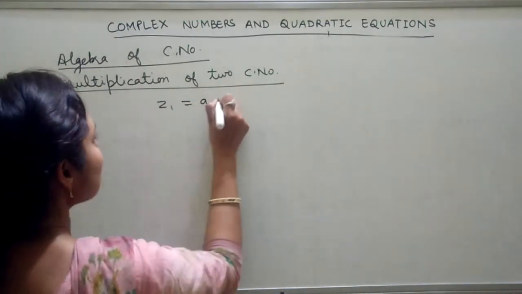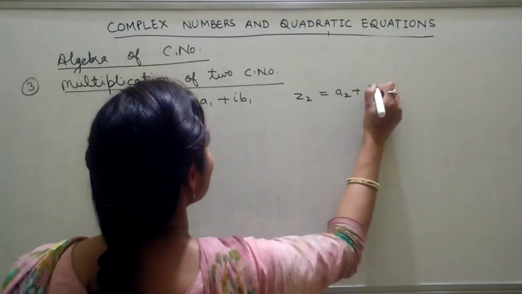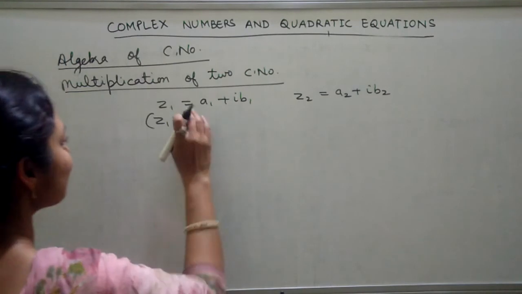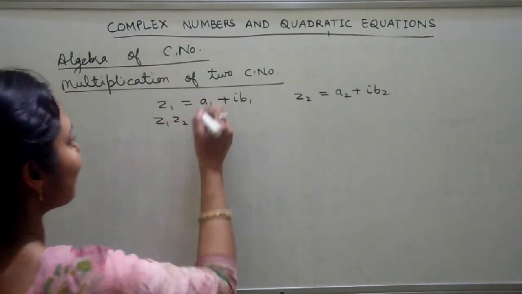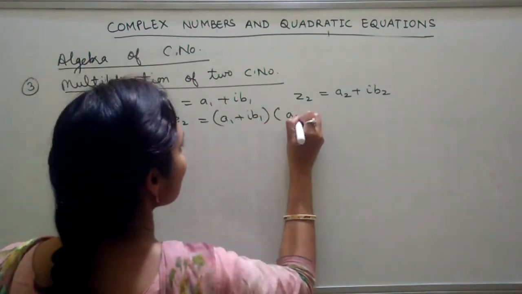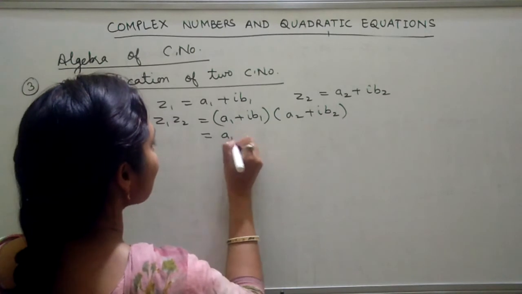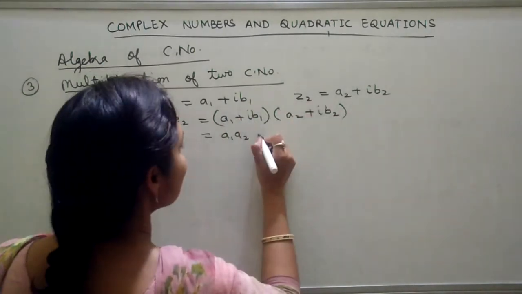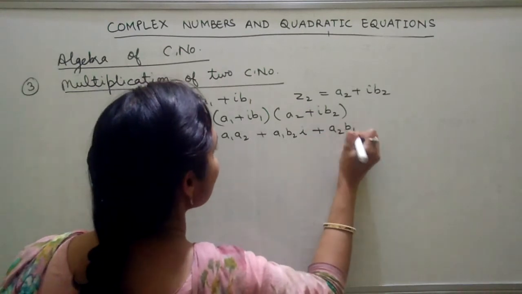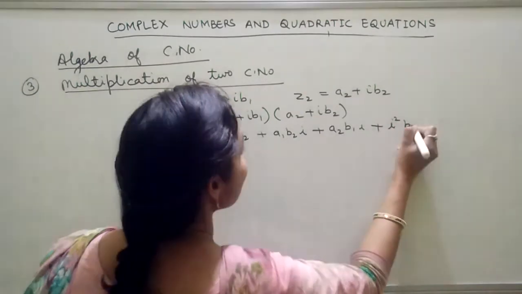Z1 is a1 plus iota b1, z2 is a2 plus iota b2. Z1 into z2: we will take the brackets (a1 plus iota b1) with the brackets (a2 plus iota b2). We have a1 into a2. Then we multiply a1 with the second one: a1 b2 iota plus a2 b1 iota, plus iota square b1 b2.